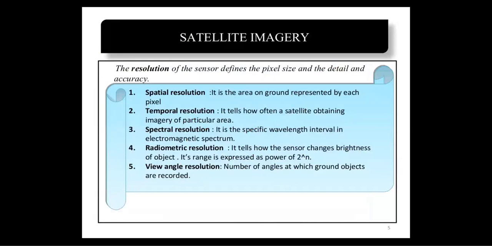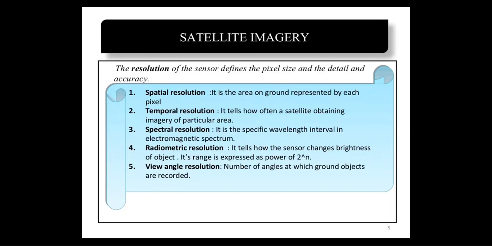The resolution of the sensor defines the pixel size and the detail and accuracy. Spatial resolution is the area on the ground represented by each pixel. Temporal resolution tells how often a satellite obtains imagery of a particular area. Spectral resolution is a specific wavelength interval in the electromagnetic spectrum.